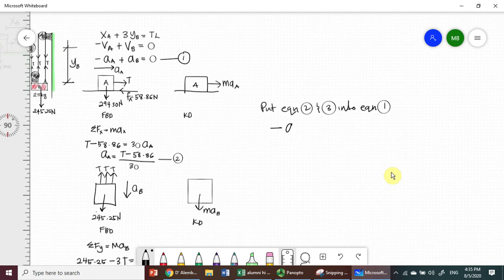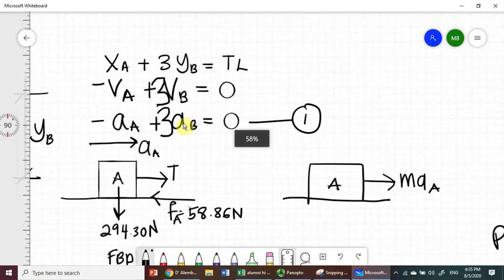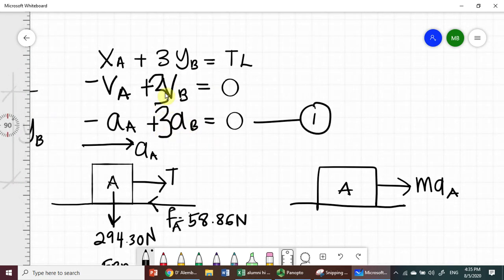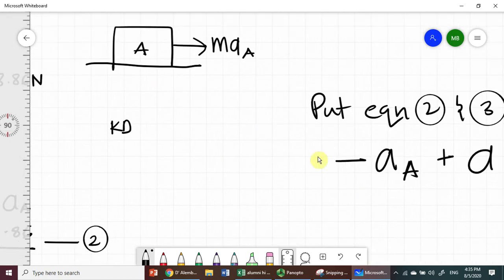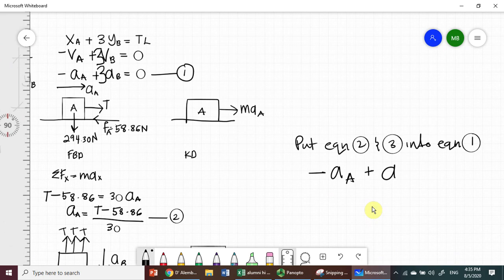Equation 1 is negative acceleration at A plus... Oh, I've missed something out here. Don't forget to put the 3 value here. Please bear in mind, sorry about that. It's 3 times acceleration at B equals 0.